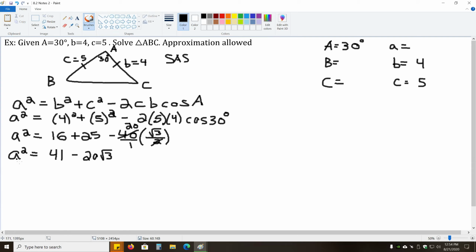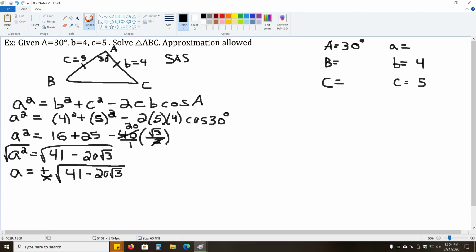And at this point, if we take the square root of each side to solve for A, we get A equals plus or minus. We know immediately it can't be a negative because you can't have a negative side when your triangle is just floating off in space, when it's not on like a grid. So plus or minus, or really just plus, the square root of 41 minus 20 times the square root of 3.